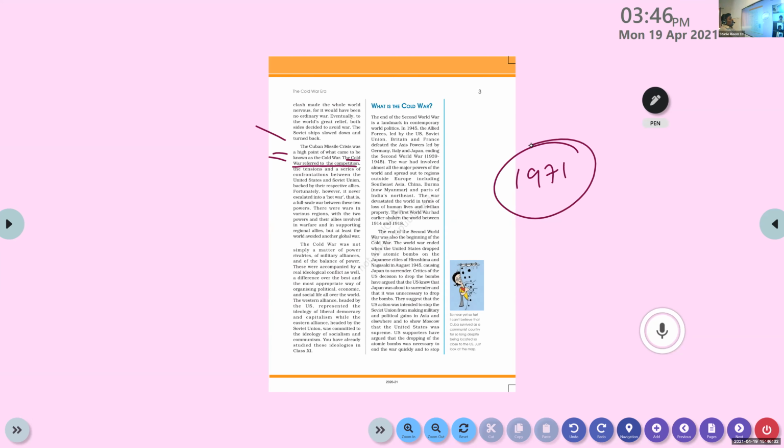So we know that in the year 1971, there was a war between India and Pakistan. Basically, America and Russia used a technique to support their allies. In 1971, Indira Gandhi was the Prime Minister of India, and it was the liberation war to liberate Bangladesh from the clutches of Pakistan.